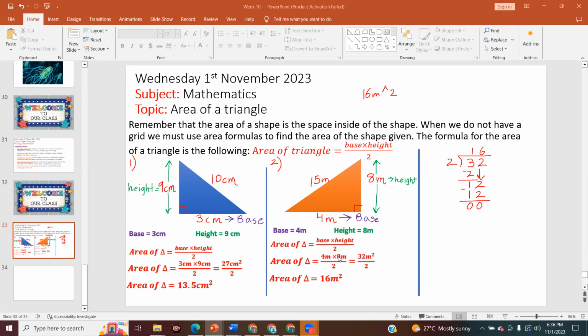What is 4 times 8? 32. Very good. And we have to divide it by 2. What is 32 divided by 2? 16. And so the answer is 16 meters squared. You understand how we got it now? We multiply 4 times 8 and we divide it by 2.